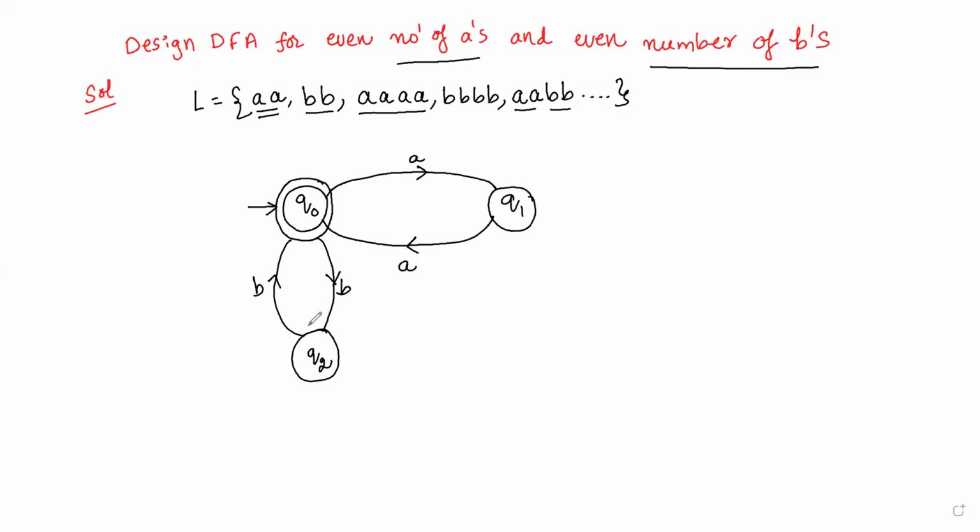Now it will accept 2 B's, 4 B's, as well as 6 B's. So this is a way to construct a DFA where the number of A's and the number of B's are in the form of even.